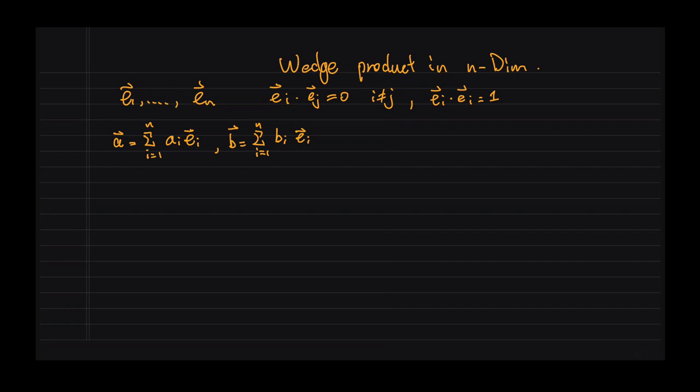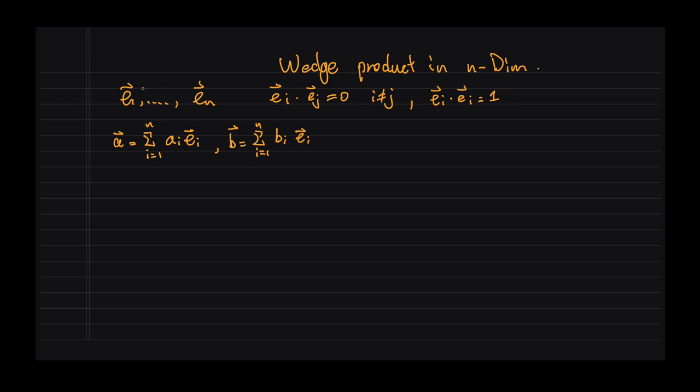Now we talk about the wedge product in n dimensions. We're still using two different vectors to generate an oriented surface patch with a wedge product.